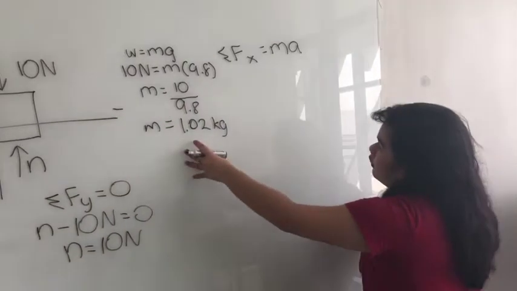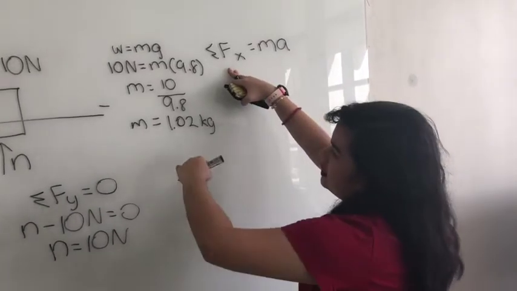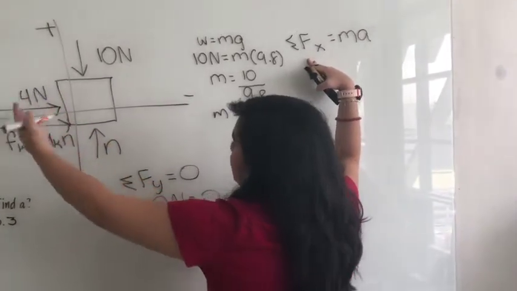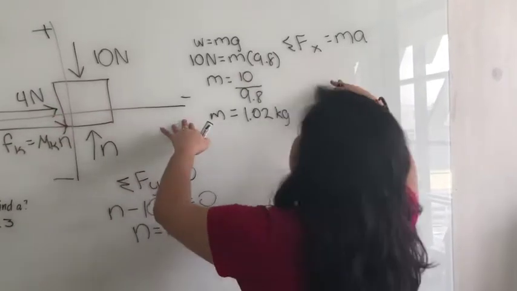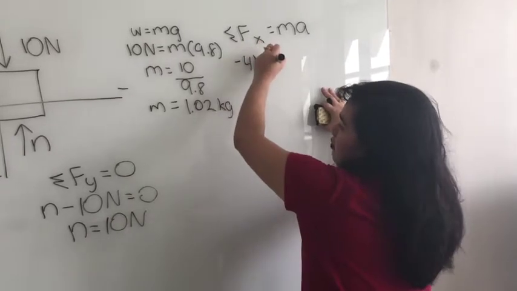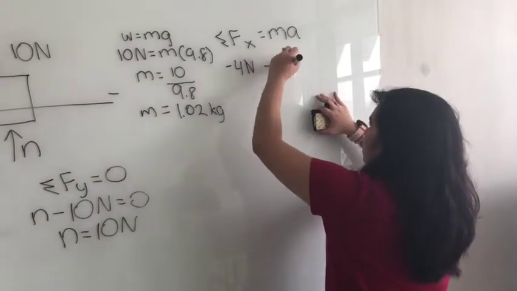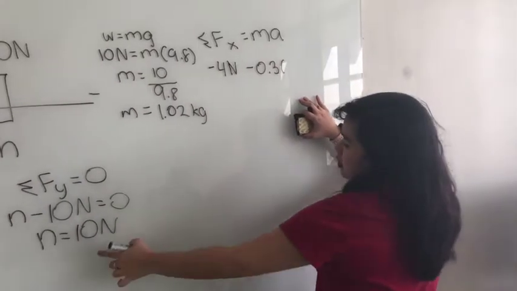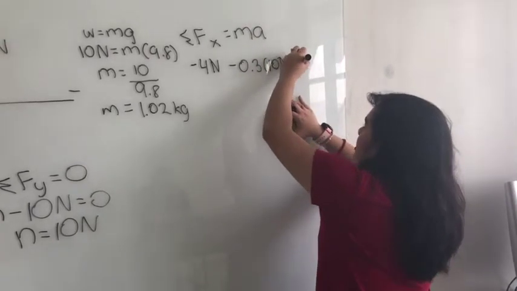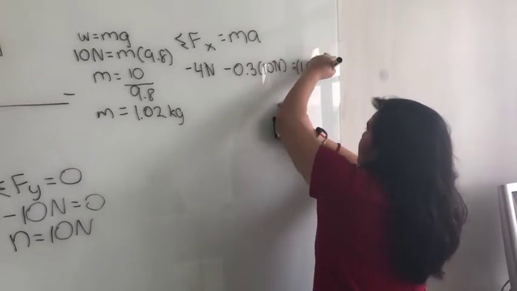Since we have the value of m already, what we need to find is a. The forces acting on the x-axis would be the friction and the push or pull. Since both of them are going to the negative side, we would have negative 4 Newtons minus the mu k, which is already given, 0.3, times n, which we solved before, so times 10 Newtons, is equal to the mass, which is 1.02 times a.